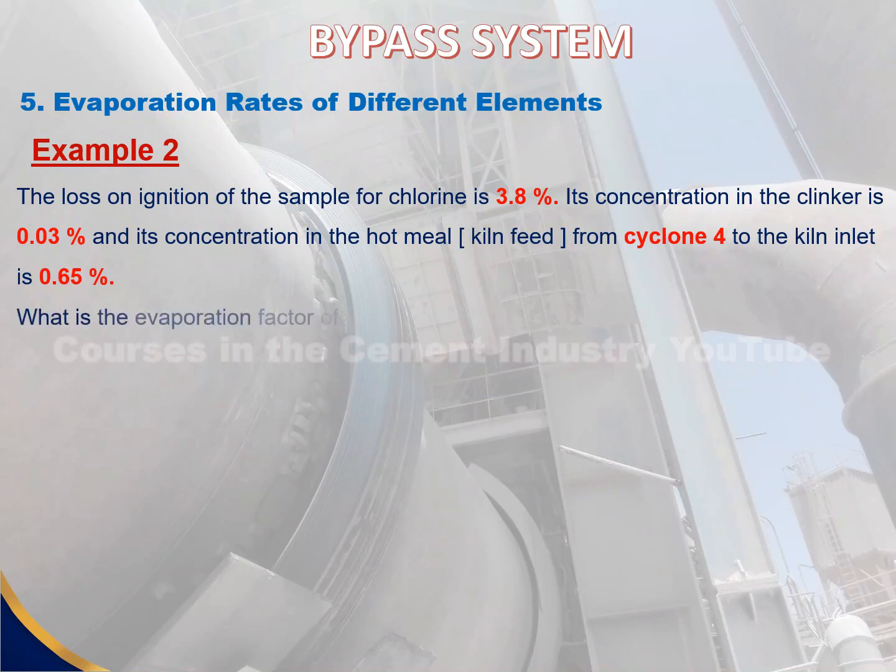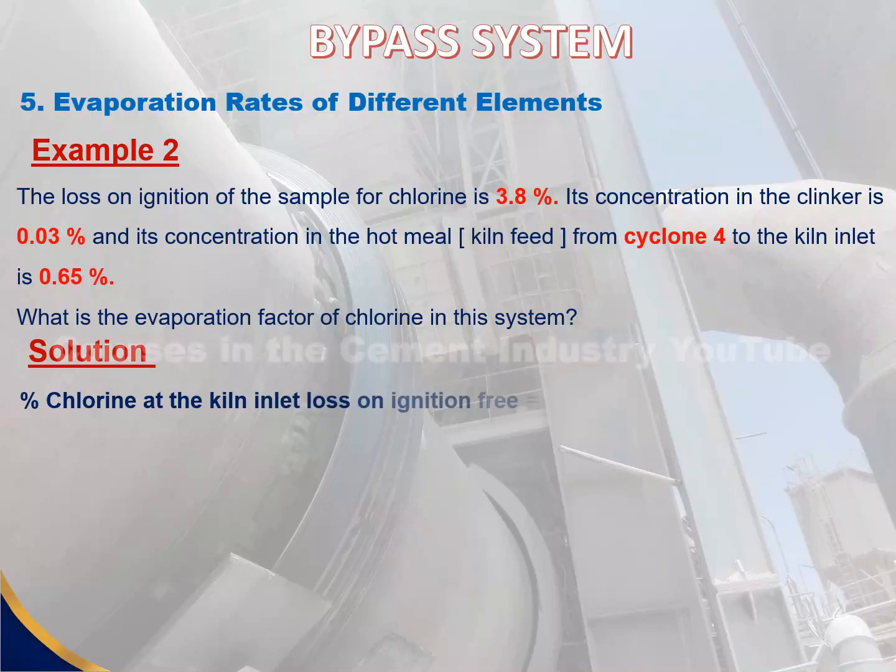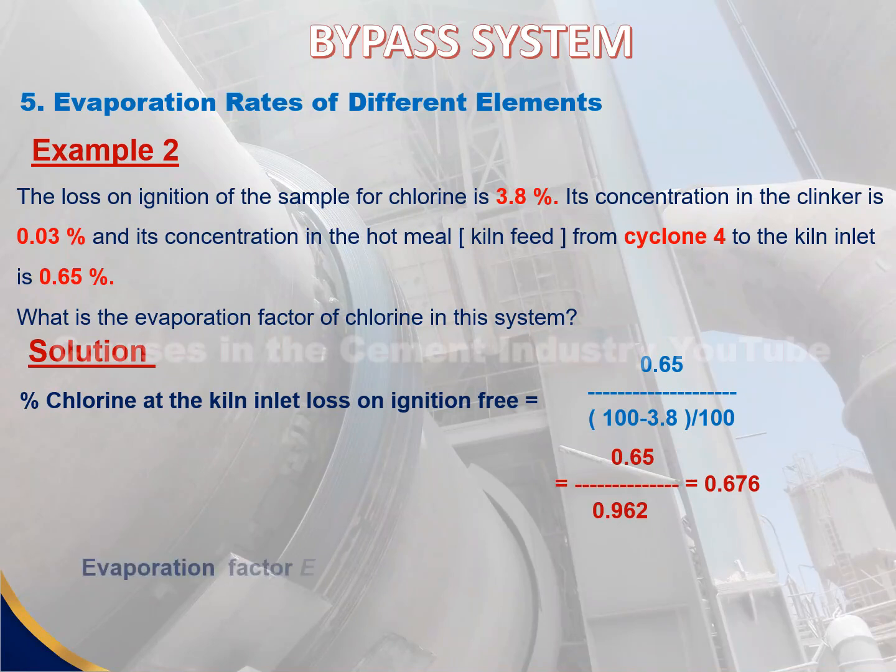What is the evaporation factor of chlorine in this system? Solution. Percent chlorine at the kiln inlet, loss on ignition free, equals. Evaporation factor, E equals.